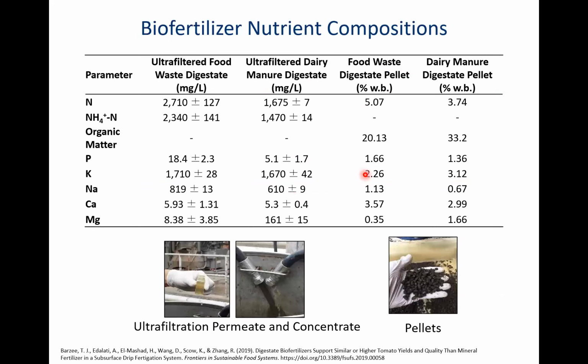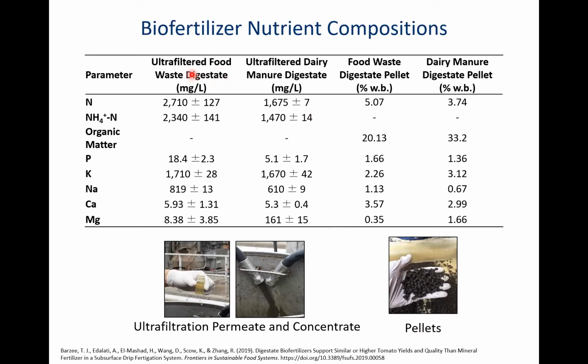Okay, so here this is a biofertilizer composition. We have the permeate, which is a very clean material, obtained after the microfiltration, and the concentrate, which is basically the condensed part of the digestate. And this here is the pellets, after condensing them using pelletizers.